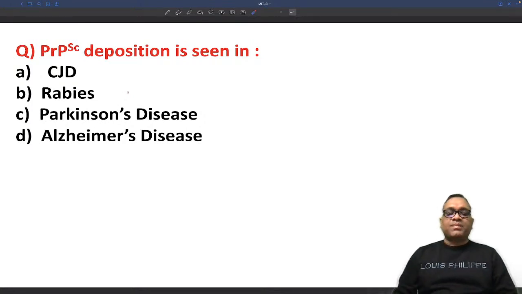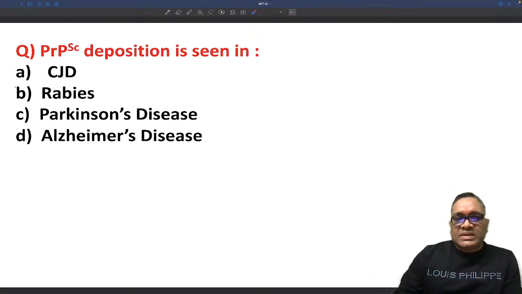Very good. So PrPSc deposition will be seen with. Praveen and Sabyasachi have given me the first correct answer, that is A, Creutzfeldt-Jakob disease.